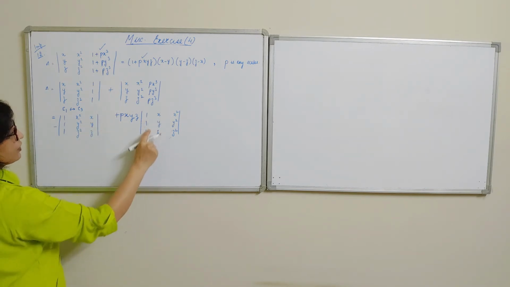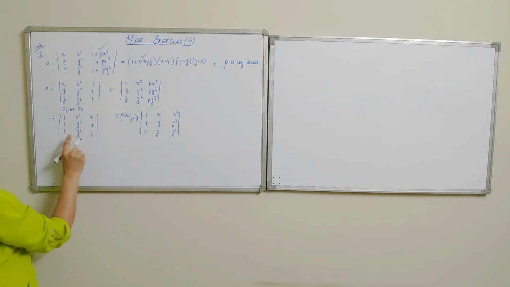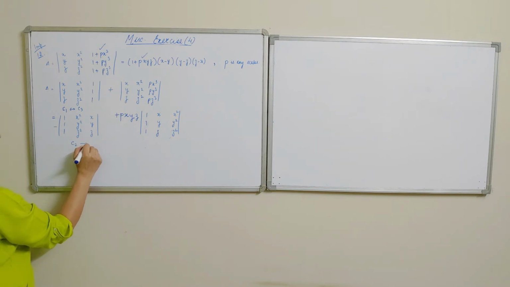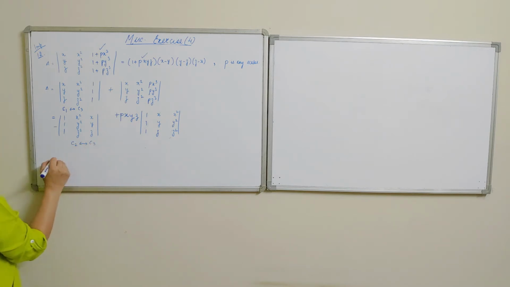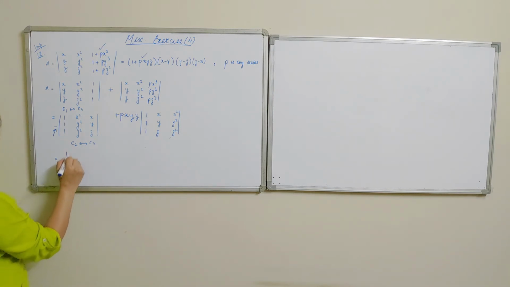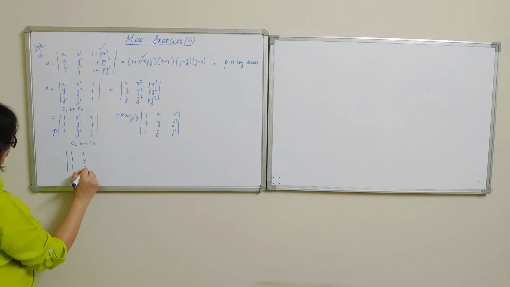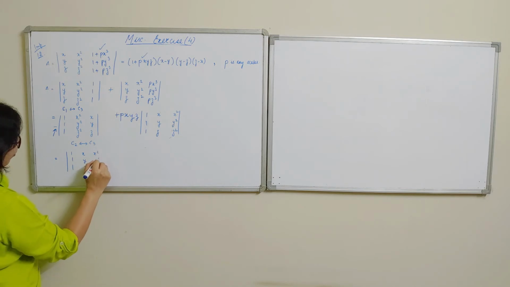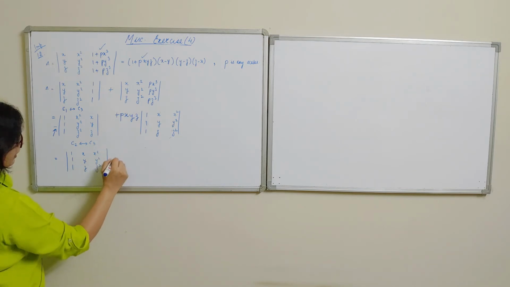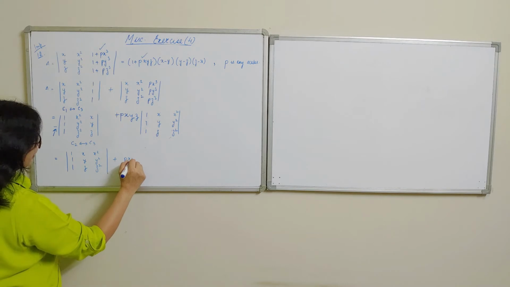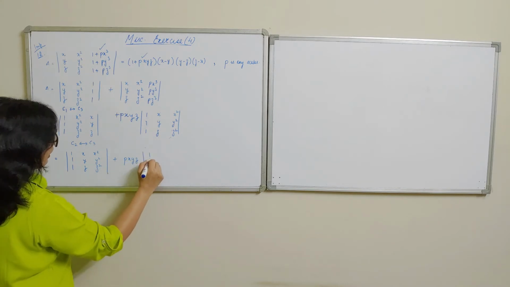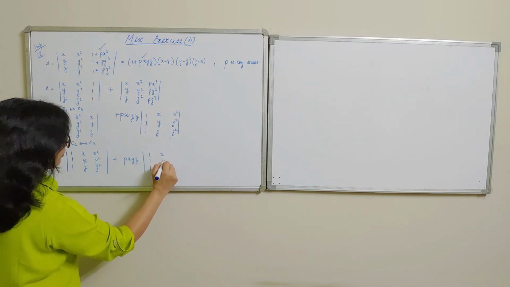Again you notice that ones have been obtained, next we need x, y, z here. So we are again interchanging the second and the third column. The moment we change the second and third column, the determinant will change its sign, it will become positive, and hence we obtain this: x square, y square, z square, and over here we have p, x, y, z and this determinant.